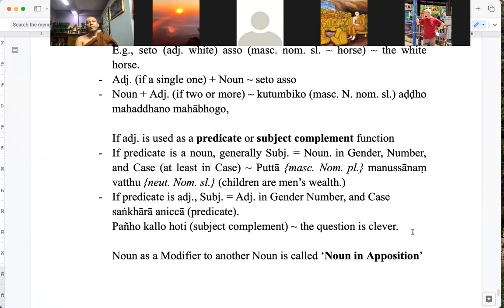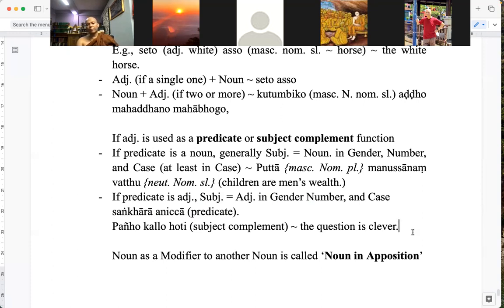Bante, I have a question. Yes. Just now, "Putta Manusanam Watu", children are men's well. Is Watu the complement to Manusanam or to Putta? So this is three words. How do we understand this?